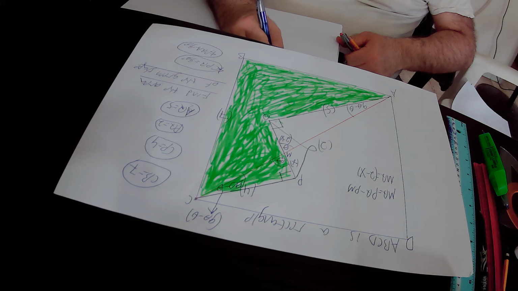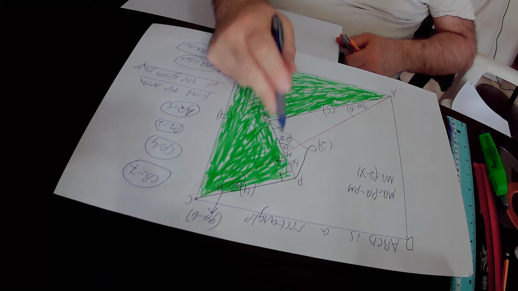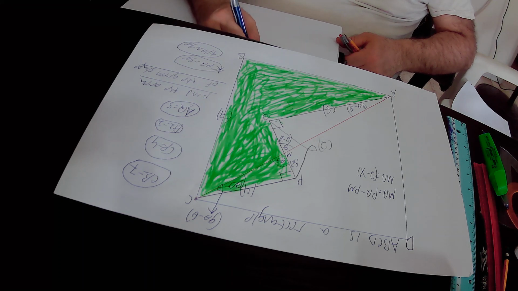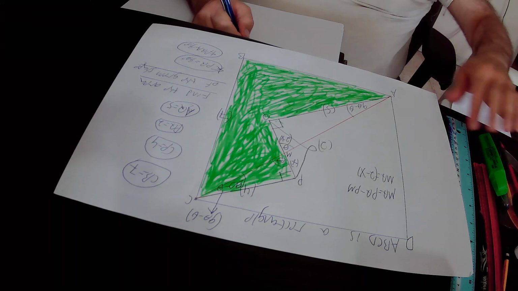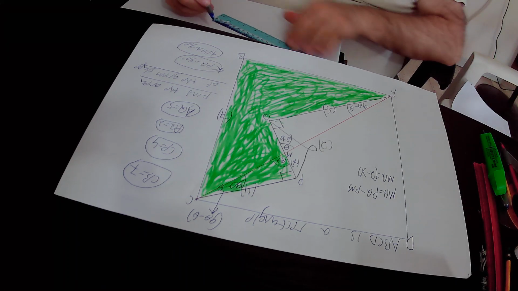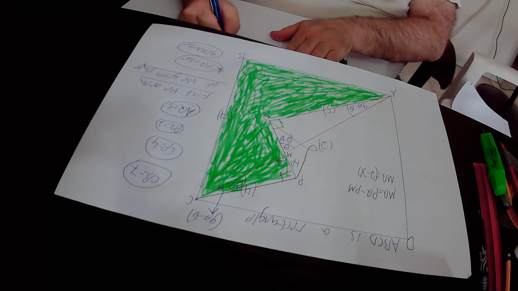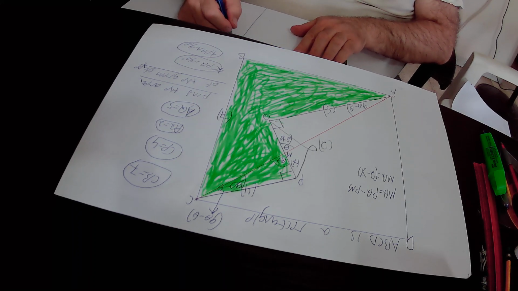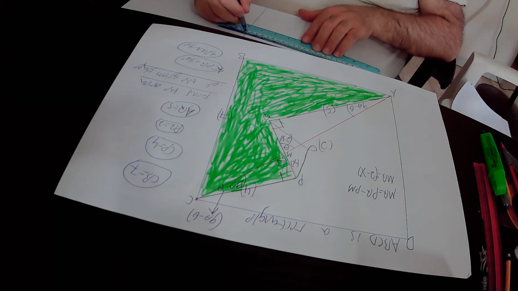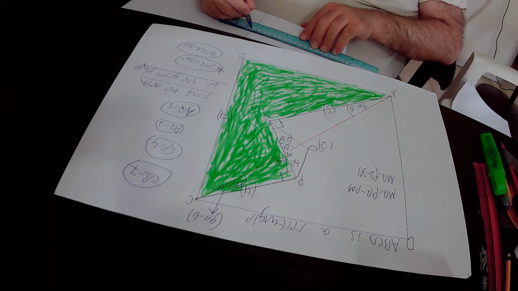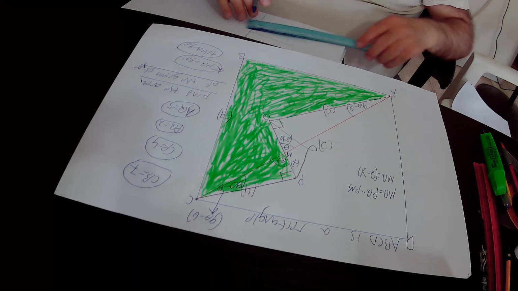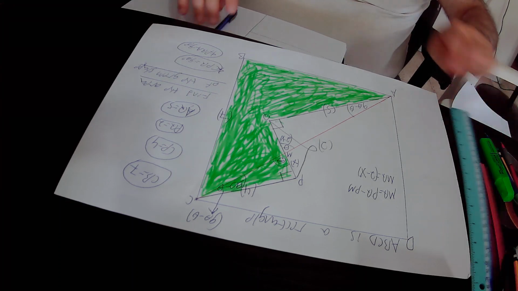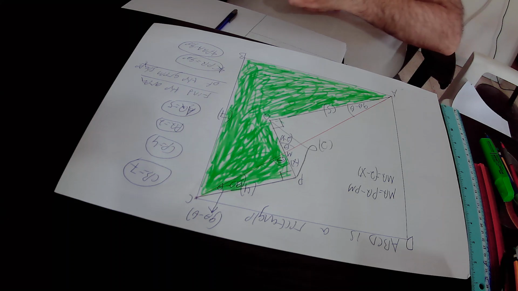We prove that it's similar to the right green small triangle PMC. So why are those two right triangles similar to each other?